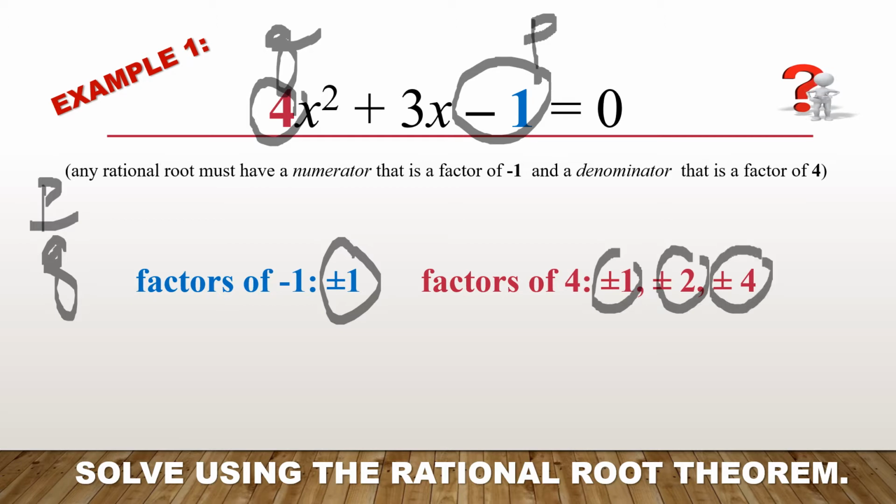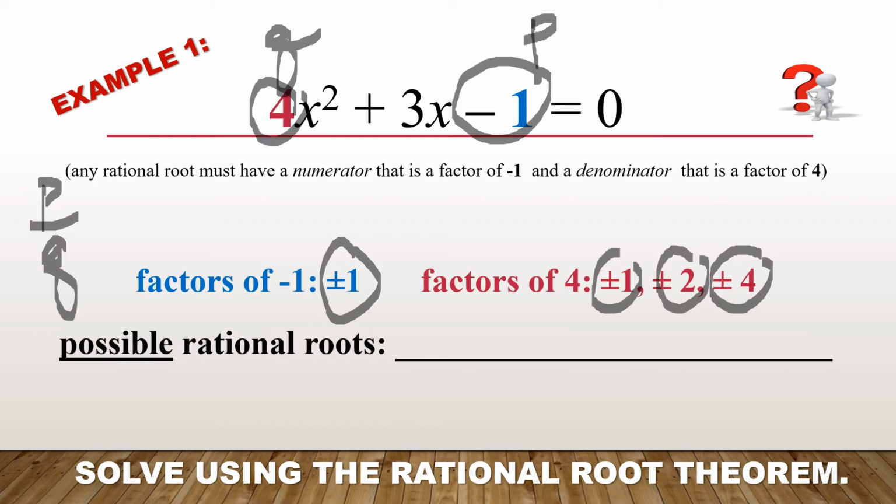The next thing that we're going to do is to find the possible roots. And how is that? We have to divide p by q. So again, factors of -1 will become p or the numerator, and factors of 4 are the denominators. So let's do it one by one.